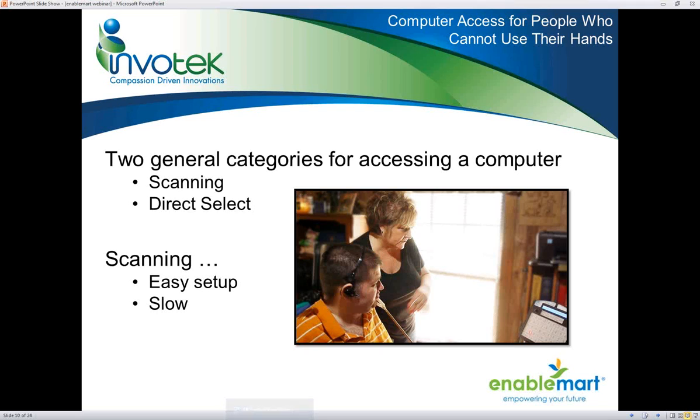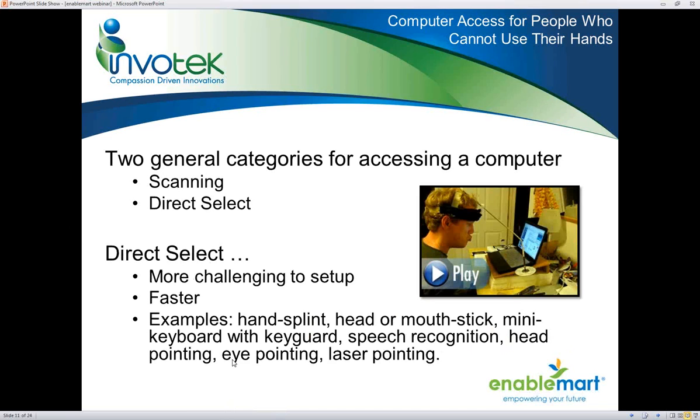We're not going to talk a lot about scanning today, so we're going to work more on direct select methods, which can often be more challenging to set up. It's often faster, and there are lots of examples. People can use a hand splint with a pencil and be able to select letters, head or mouth stick.